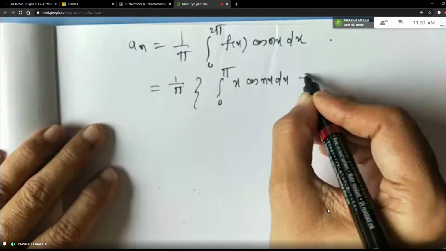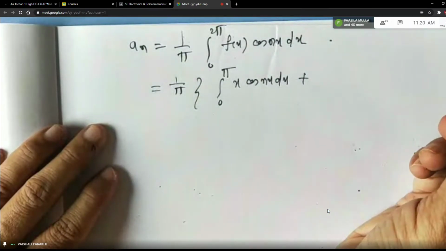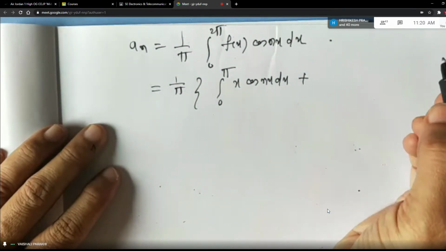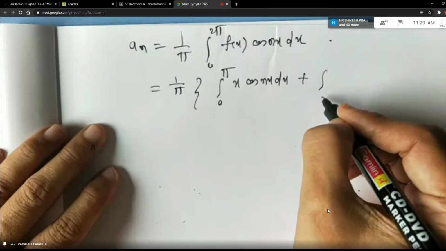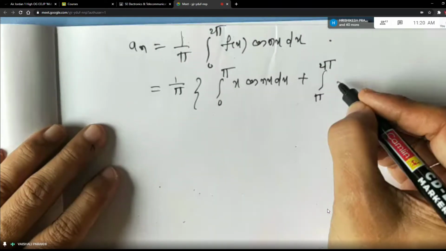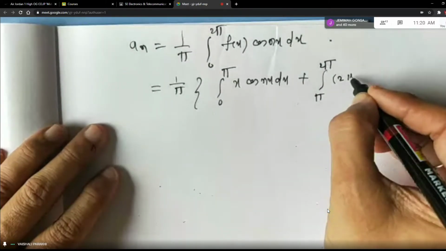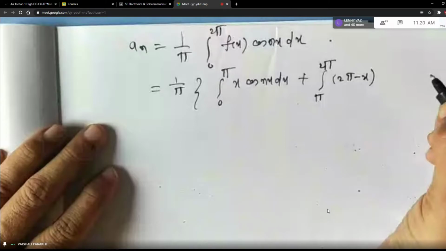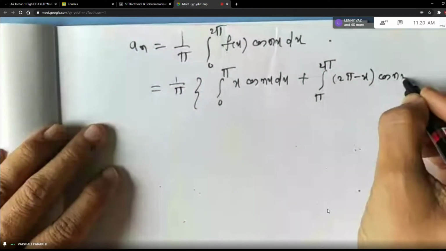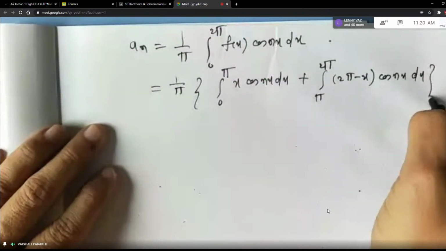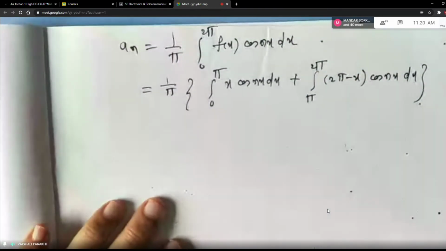And what will be the second integral? Integral pi to 2 pi. And what is f of x there? 2 pi minus x, cos of nx dx, right?